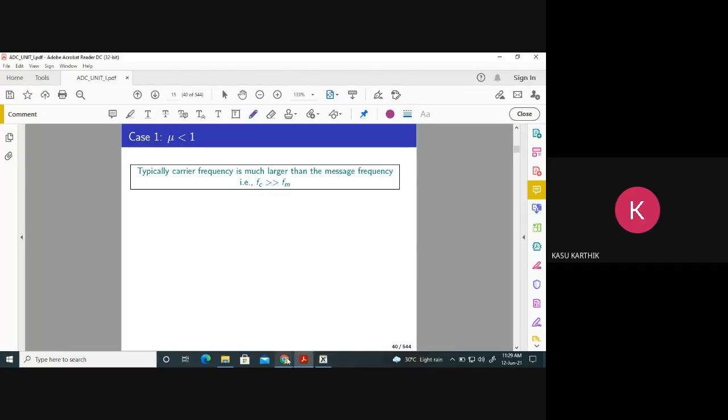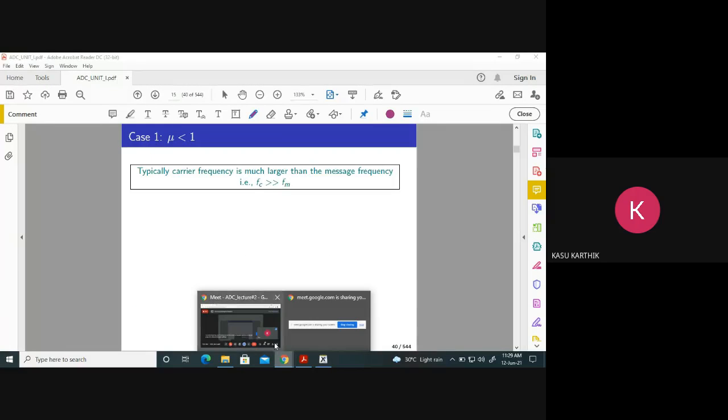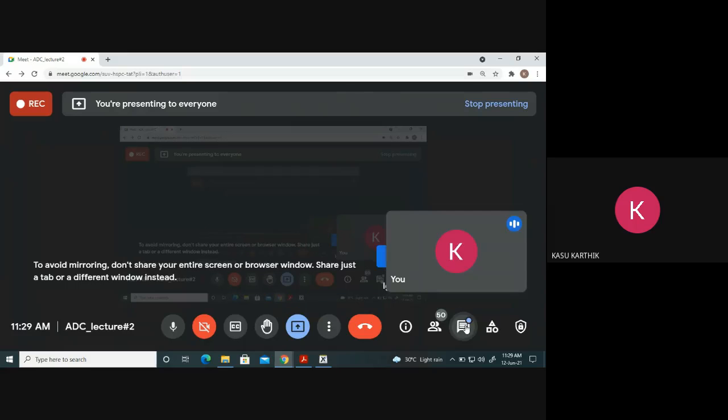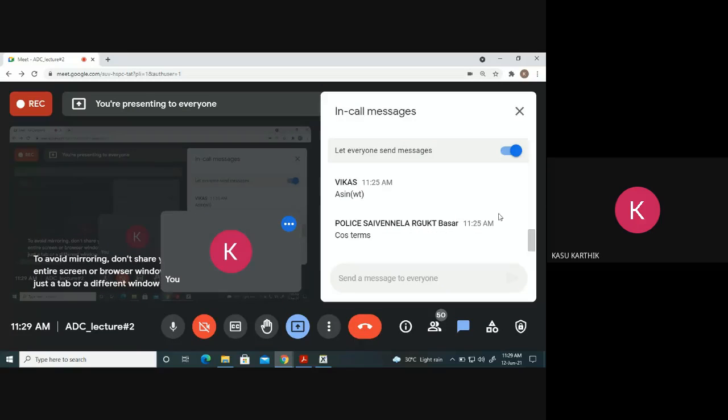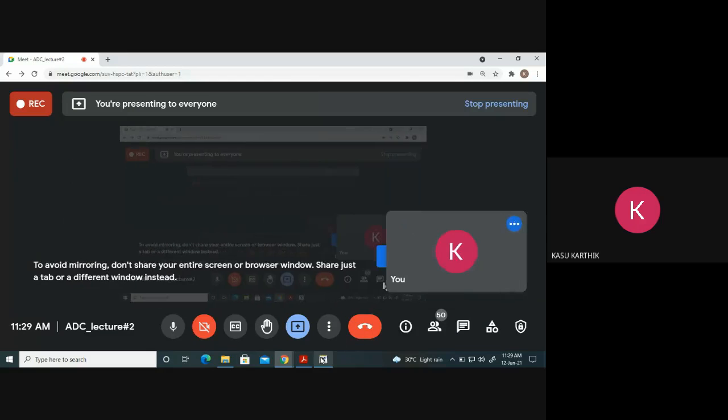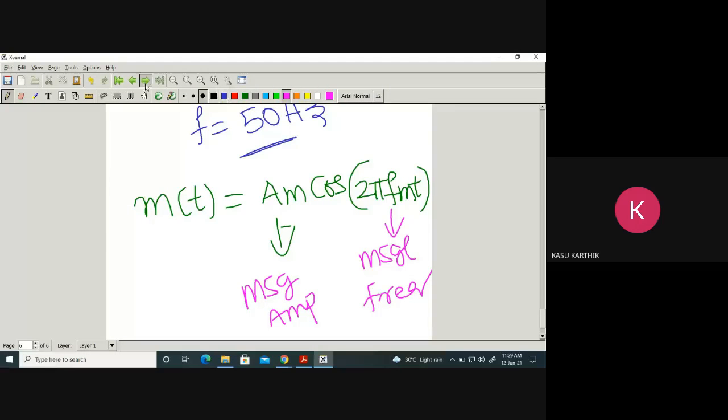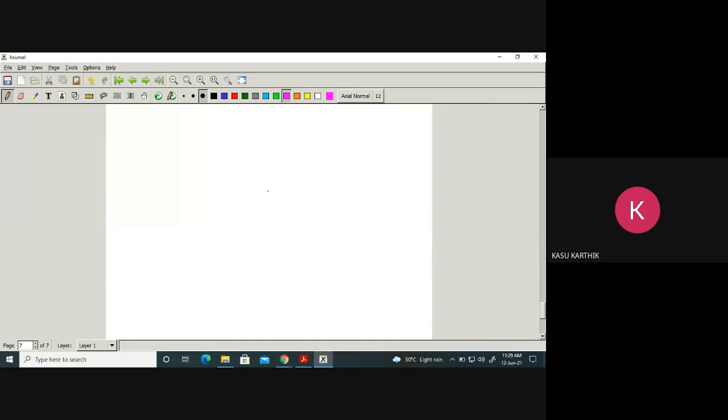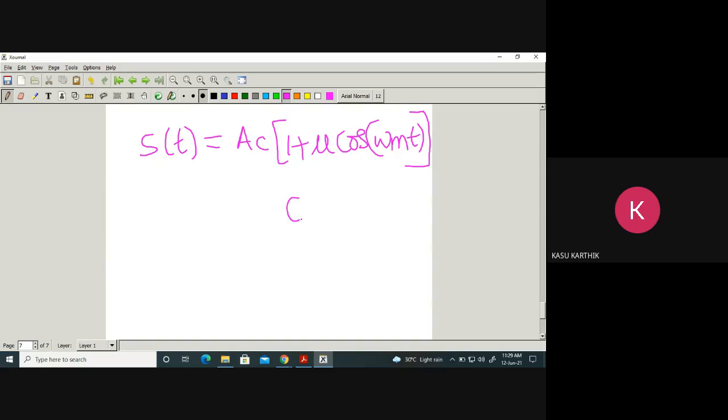Now finally let me write s of t. The single tone AM signal is Ac [1 plus mu cos omega m t] into cos omega c t.